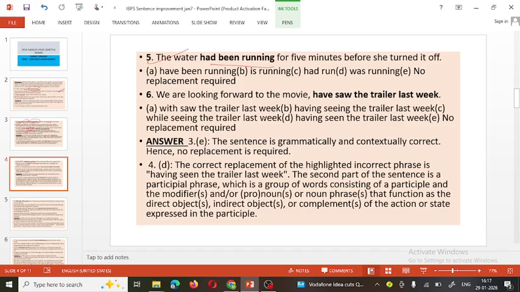When you see this, what you are able to understand is that we are looking forward to the movie, and now a conjunction must be used here. Instead of "have saw the trailer", "while seeing the trailer last week". We are looking forward to the movie while seeing the trailer last week.